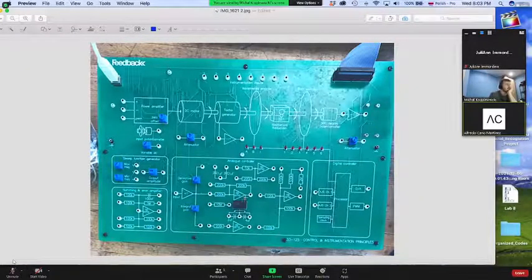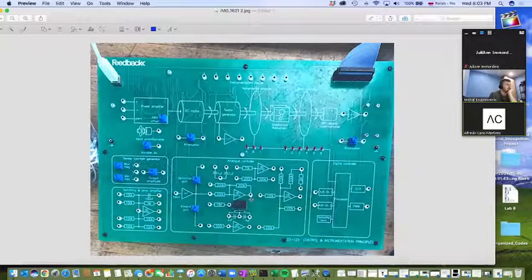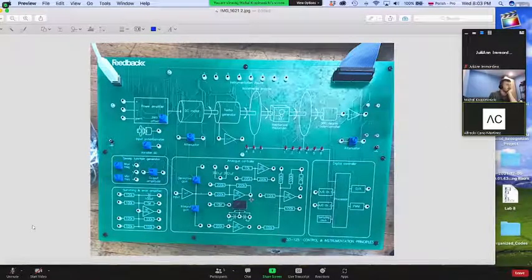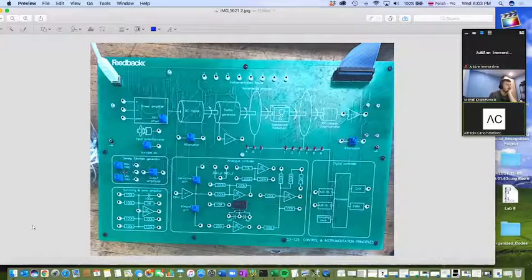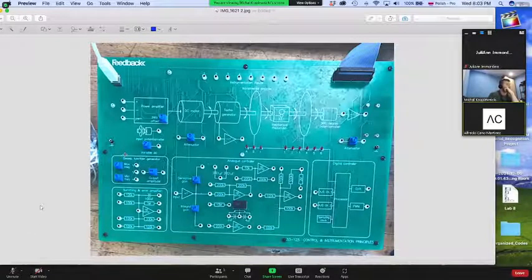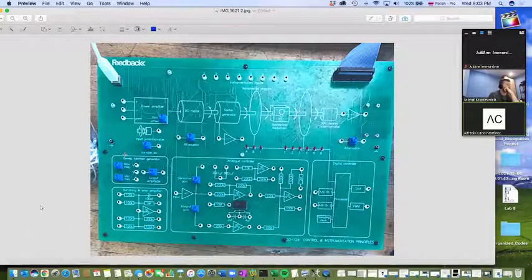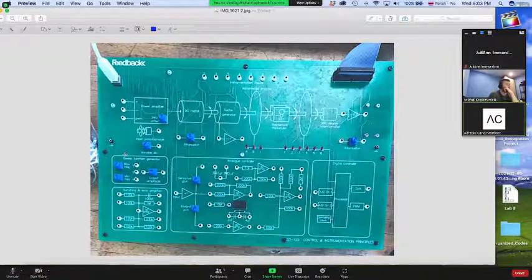Look at it this way, right? The ultimate goal of a control system is for the system to follow, or to behave as close as possible to, a desired response, right? To a desired signal.